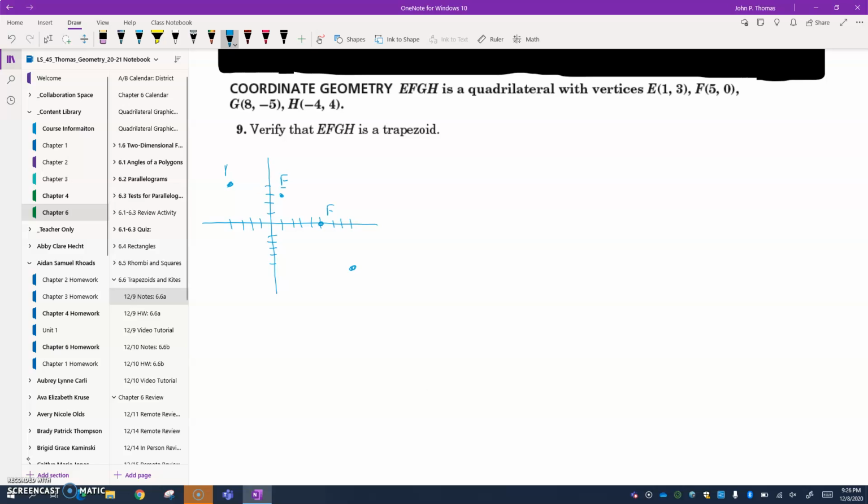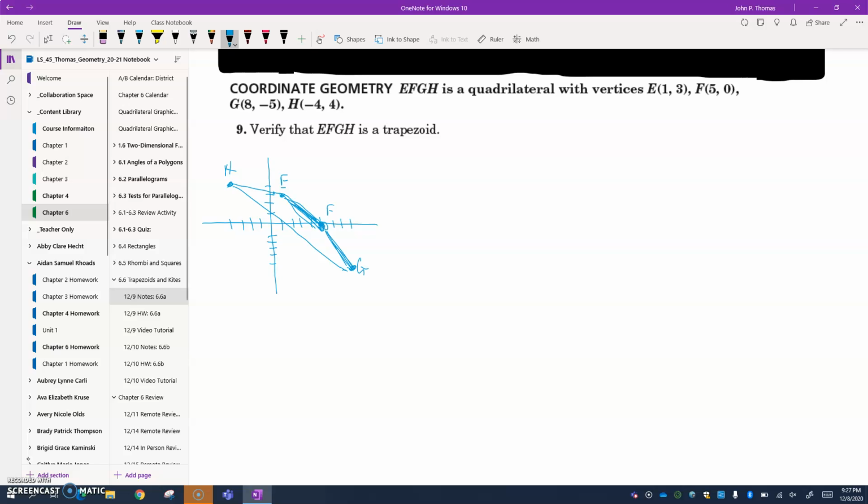When I see this, I'm going to go ahead and connect those so that I get a quadrilateral. And again, we're not shooting for perfect. We're just shooting for enough that we can make some decisions on what we're going to test. So I have EFGH, going around.